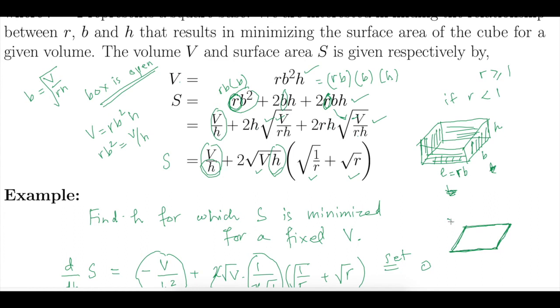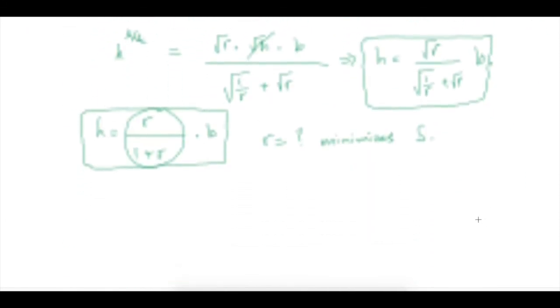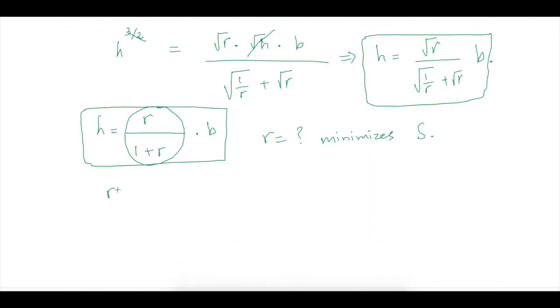So this means R equal to 1 minimizes the perimeter here. So if I put R equal to 1 here, I can say H is equal to 1 over 2 times B.